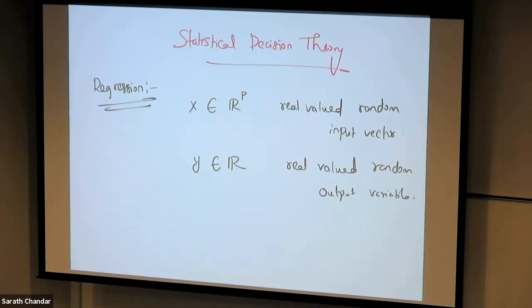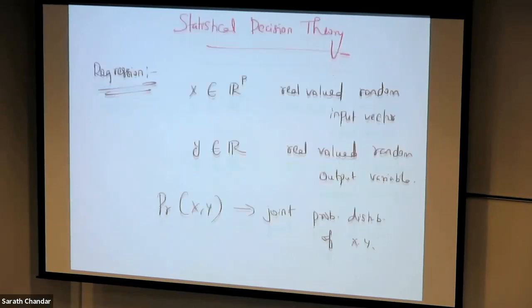Once I start viewing these as random variables, I can talk about the probability distribution of these inputs and outputs. We are going to call the joint probability Pr of x comma y, the joint probability distribution of x comma y.